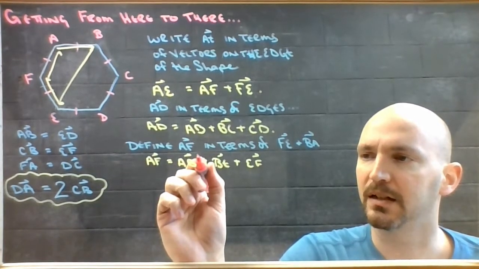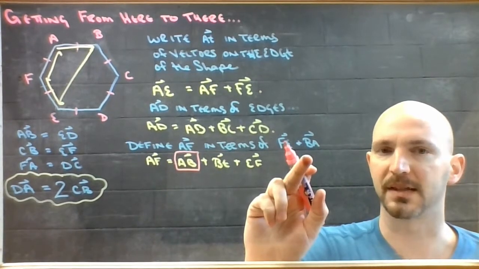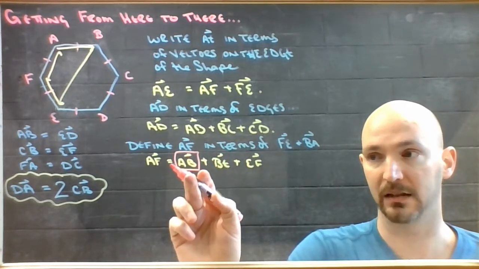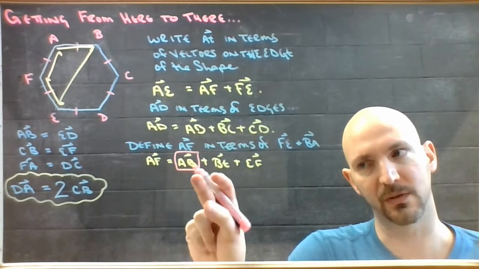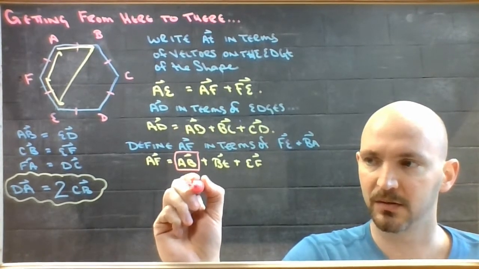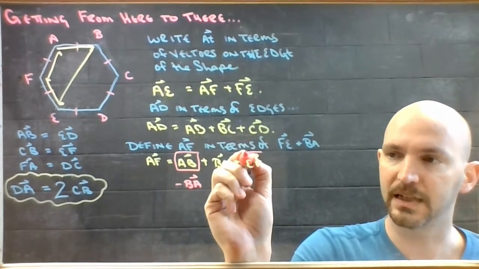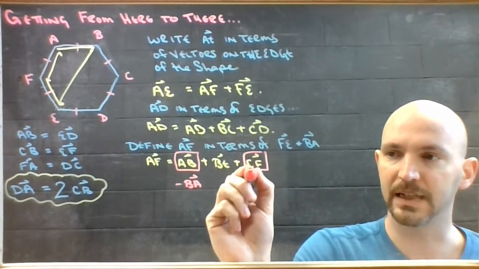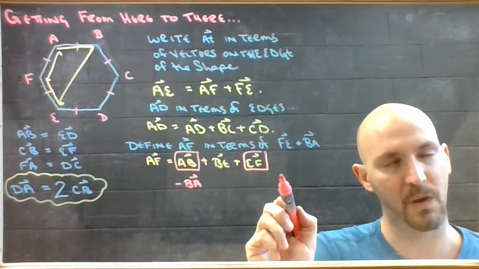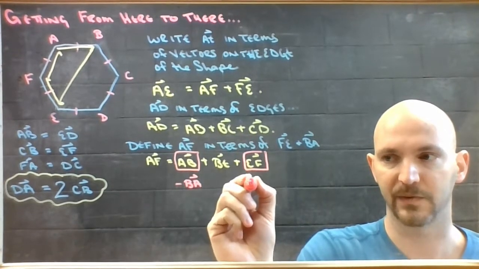So this thing here, AB is not the same as BA. It's negative BA. So if I want to flip these two letters to turn this into that, I'd end up with negative BA. This thing here, an E to F, well, that's almost an F to E. It just goes the wrong way. So I'm going to do the same thing to this, minus F to E.